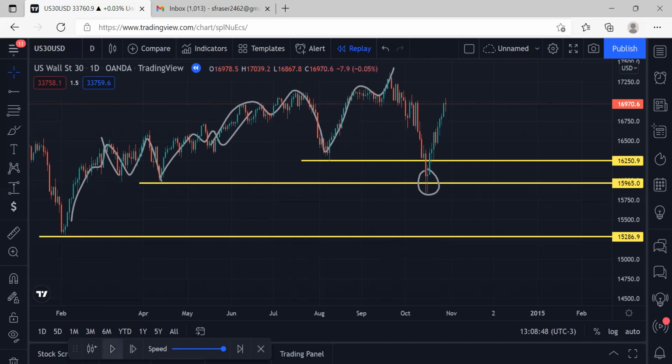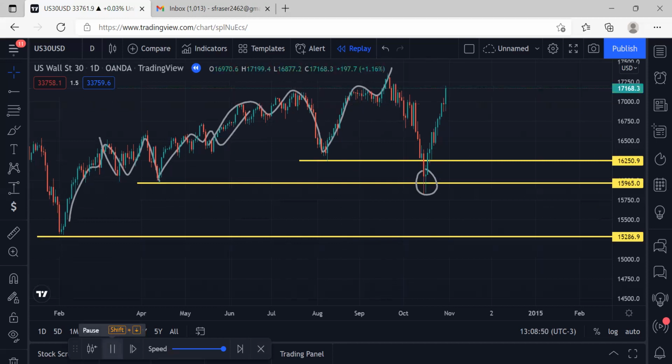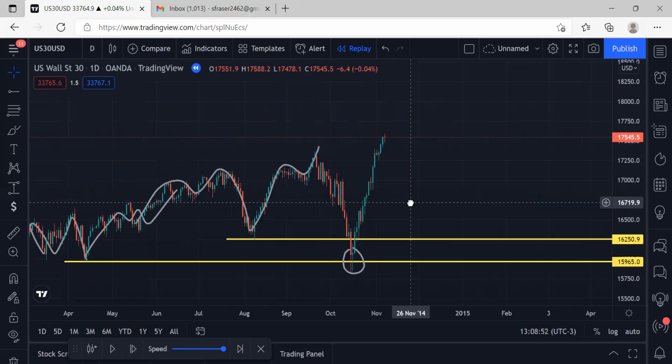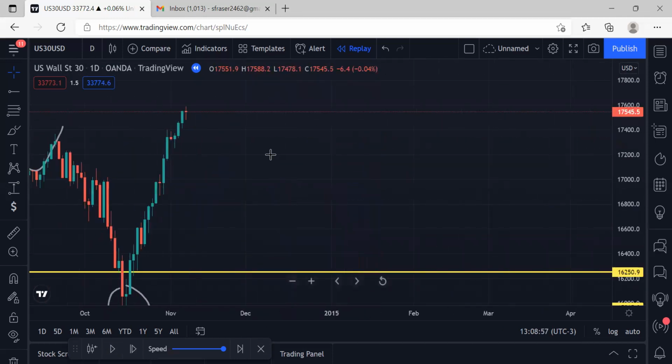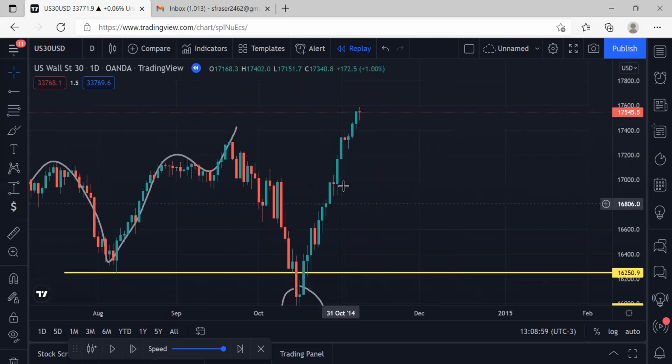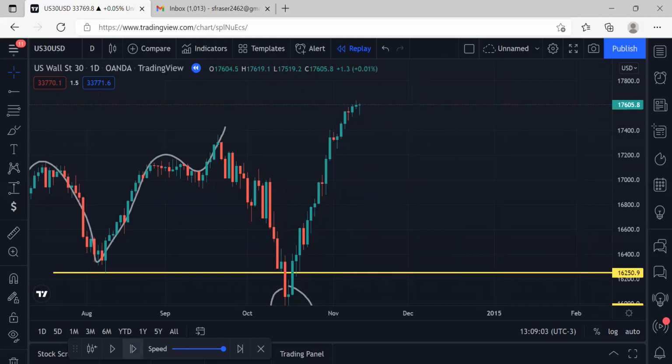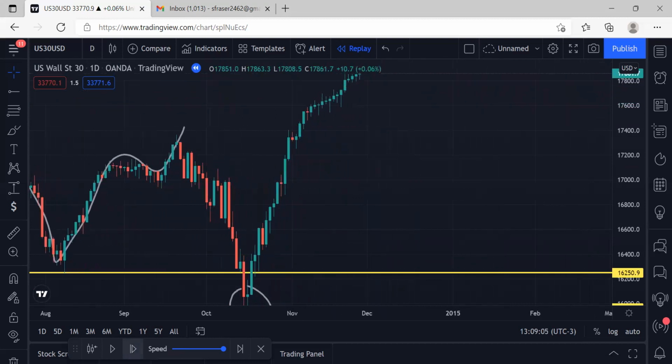How far does this actually go? Oh wow. All right. So yeah, most traders aren't getting down there. They're getting up here, which is fine. They can get up there. Makes no difference.